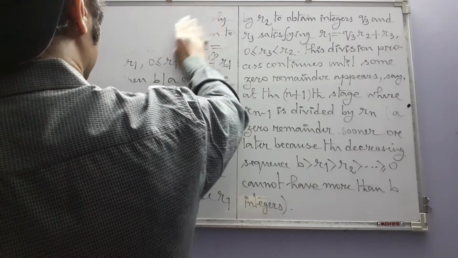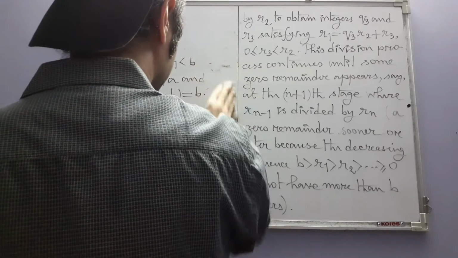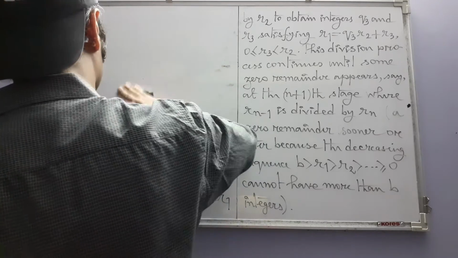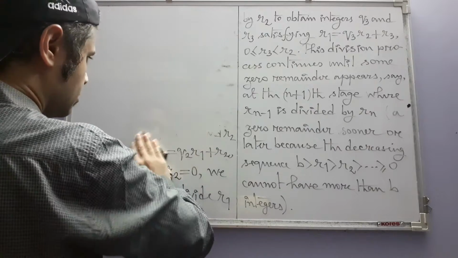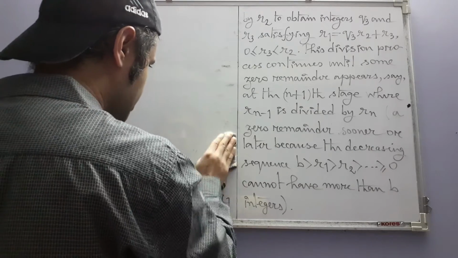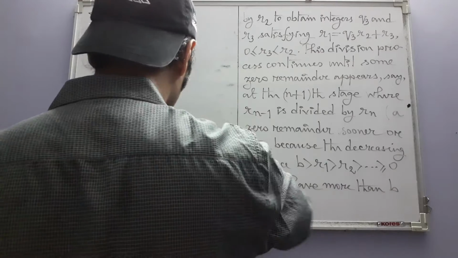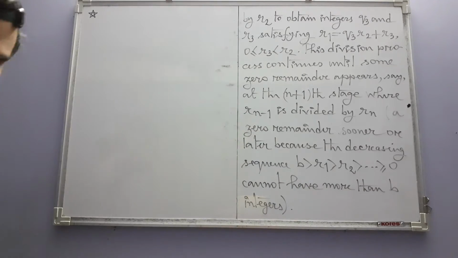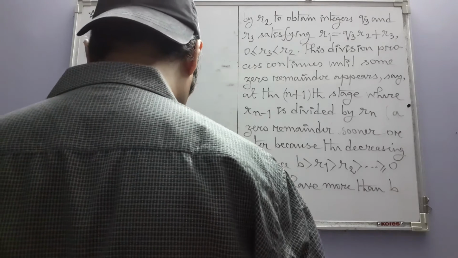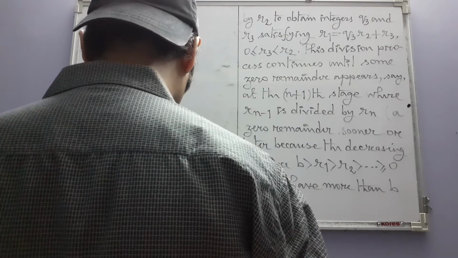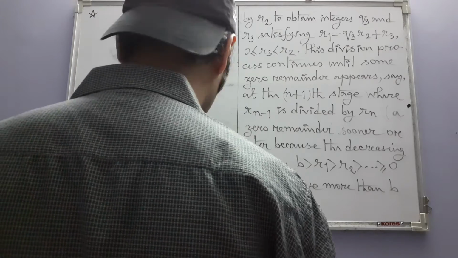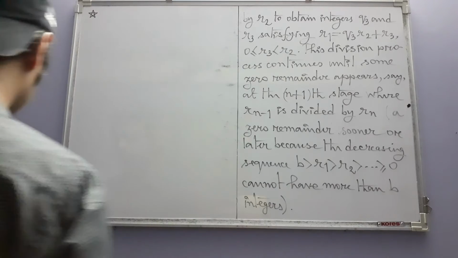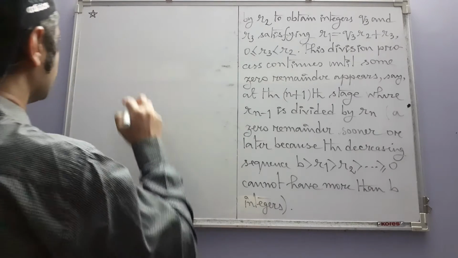So far we have been going on dividing divisors by remainders, and again dividing those remainders by other remainders, but we still don't know why we are doing these things. Anyway, if you continue this procedure, the following system of equations appears.